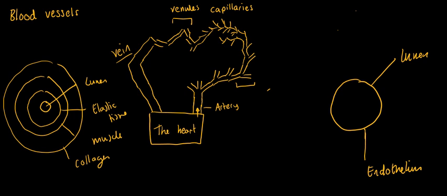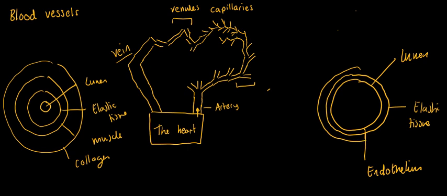That's our single layer of cells. Then I'm going to have an elastic tissue layer, which is not as large. And then again, a smooth muscle layer, again not as thick. And then also my layer of collagen.